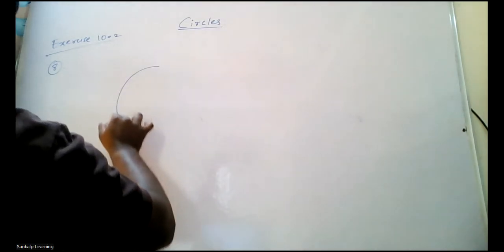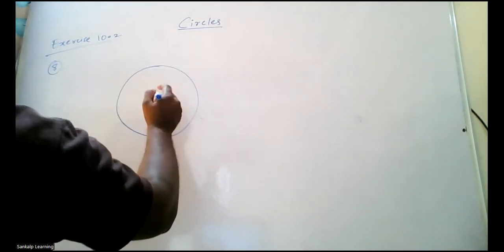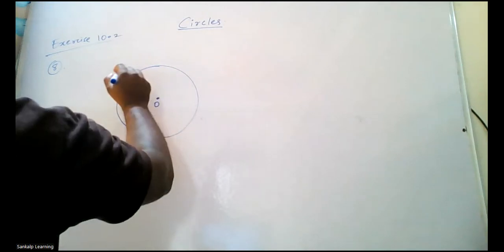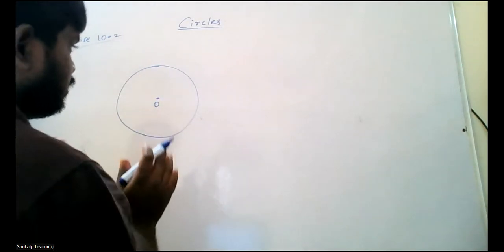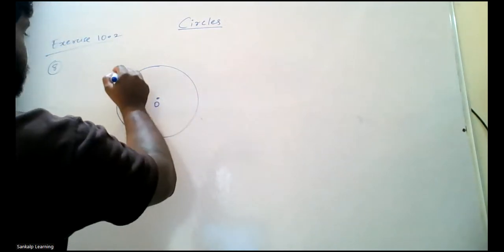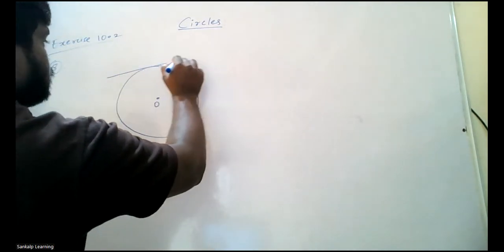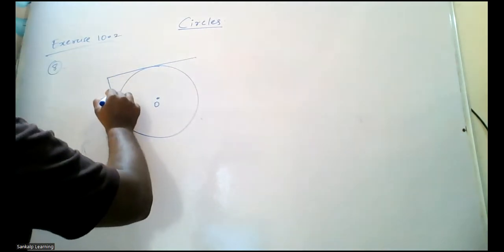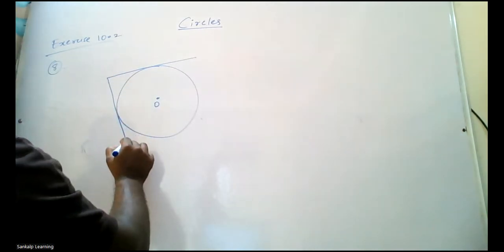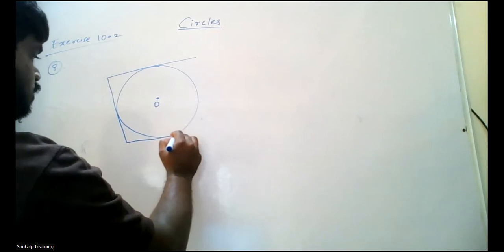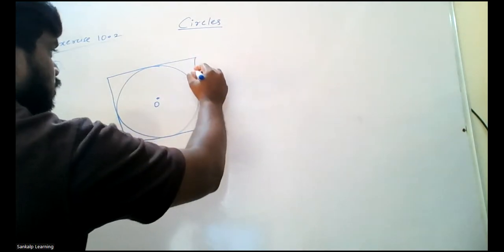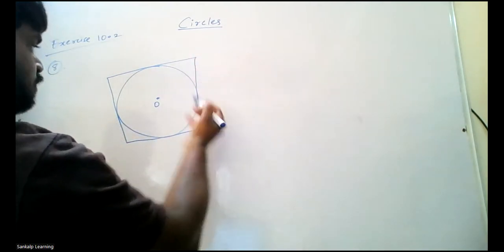Now let's take a circle with center O. I'm not going to draw the exact figure as in the textbook. I'll just randomly draw a quadrilateral. Something like this.